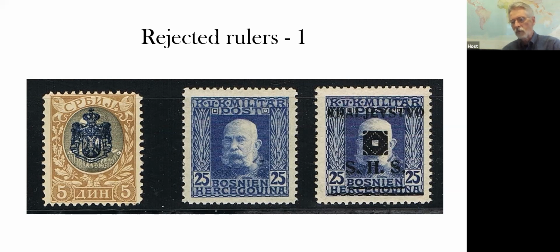So here we have Emperor Franz Joseph of Austria, and this stamp on the right is overprinted after the creation of Yugoslavia. The top line says kingdom, and then it's SHS, which stands for Serbs, Croats, and Slovenes.